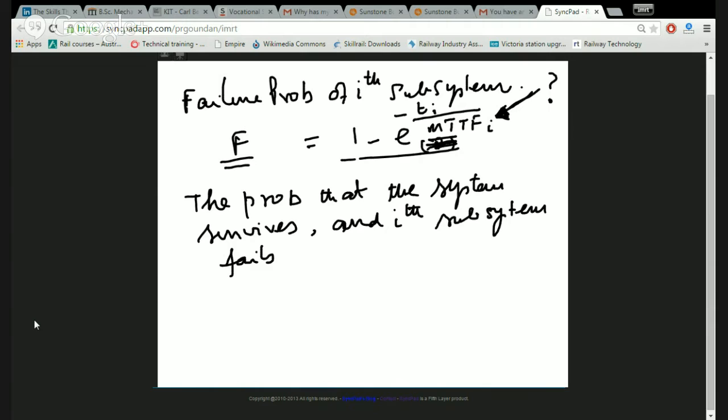So this multiplied by Wi, into 1 minus e power minus Ti divided by MTTFi, will be the probability that the system will fail given that the ith has failed.